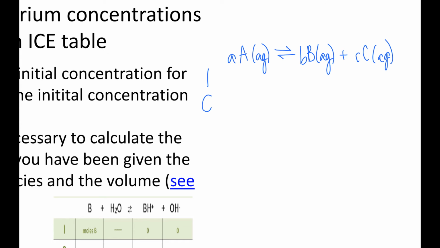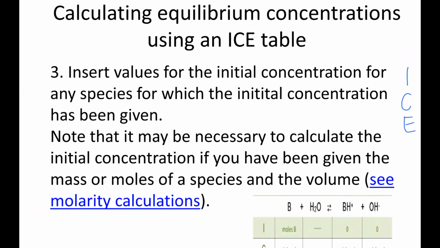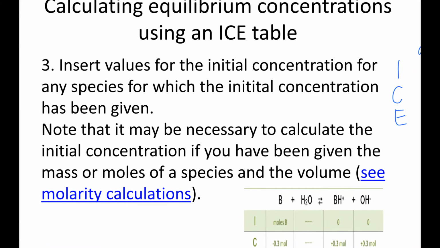And you should have written ICE. So, this gets us to step number 3. Step number 3 says, insert the values for initial concentration. That's it. We are going to put in the numbers that the problem gives me.